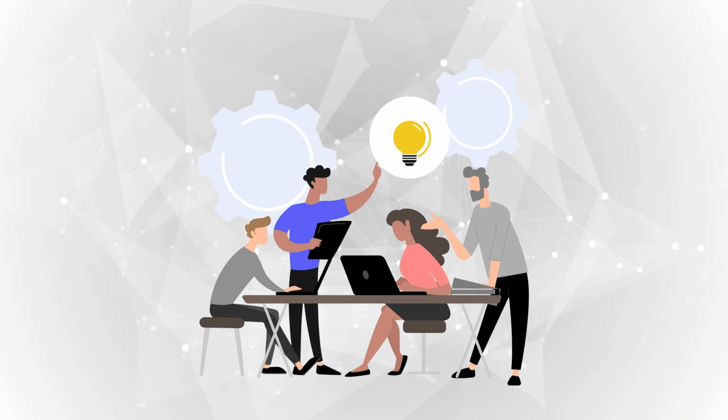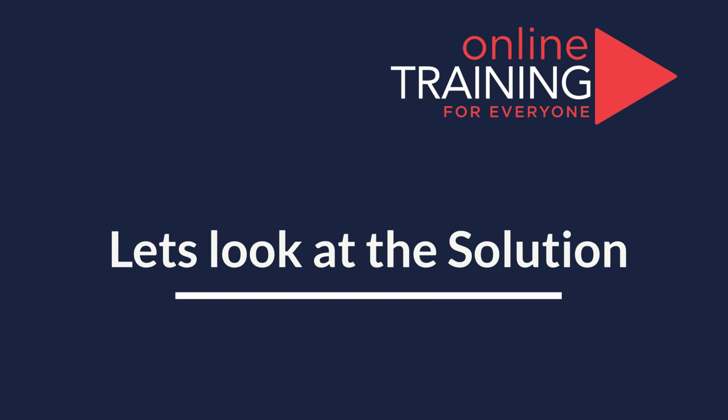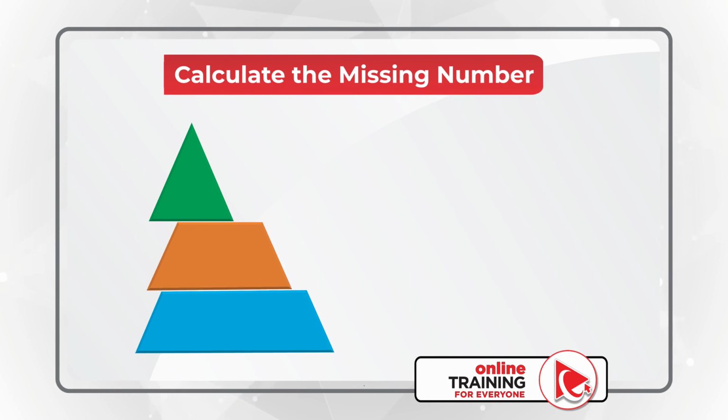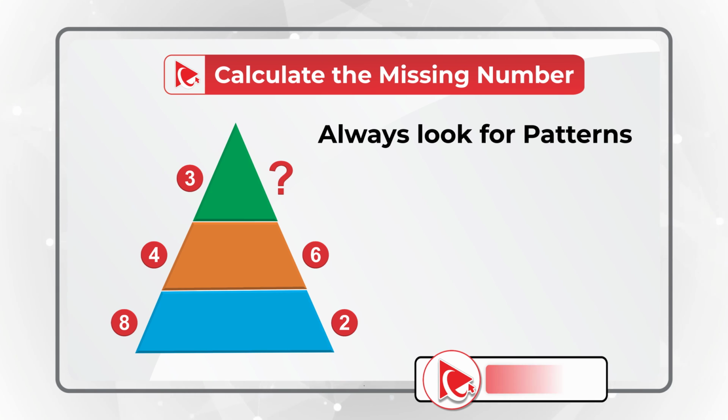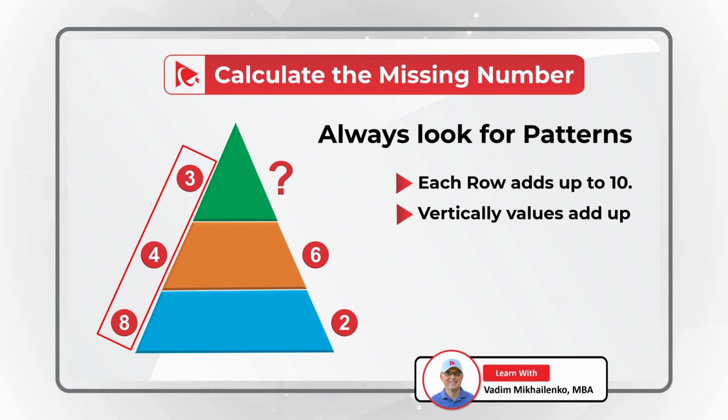I'm gonna give you a quick hint here. You need not to guess the number, but you need to calculate it. Let's move forward so we can get to the correct solution together. I keep repeating it on this channel, but the fundamentals are solid. You need to always look for patterns in these types of questions. And there are actually 2 patterns here. The first pattern is that each row adds up to 10, and vertically values add up to 15.